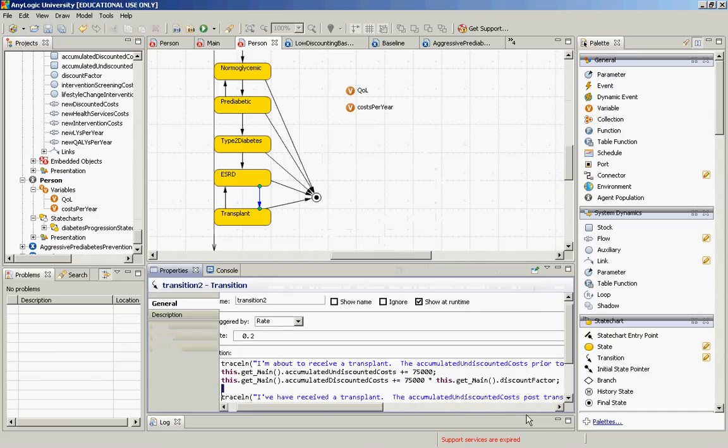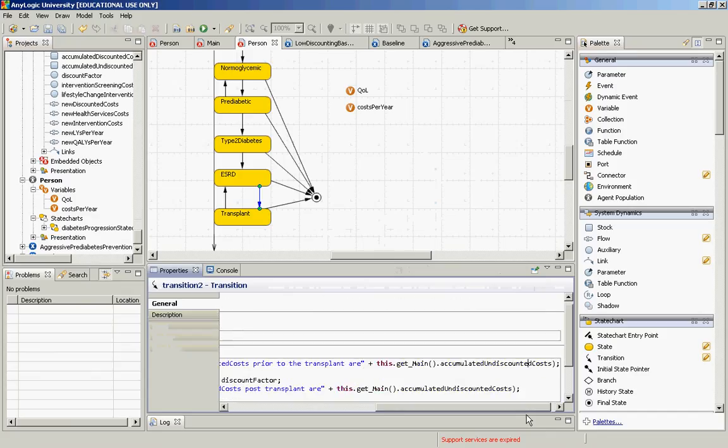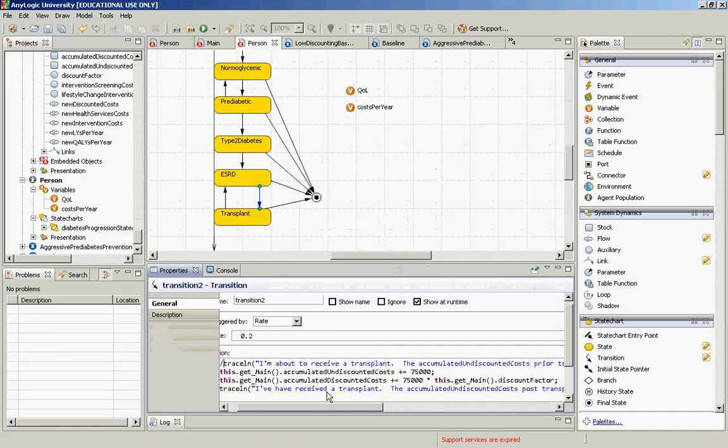Okay, now that we've shown this works, I'll comment these out. And so here we're incrementing by this event. When this event occurs, we increment not by a cost per year, but by a cost for that, in this case, that operation, and then increment this discounted cost by this operation times this discount factor.